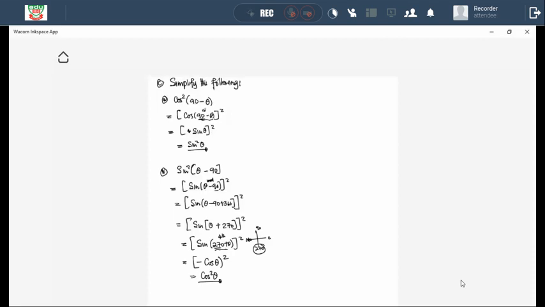Right. That's how you simplify such an expression. Now I want us to look at numerical angles, but these numerical angles are negative. Let's look at example number 2.